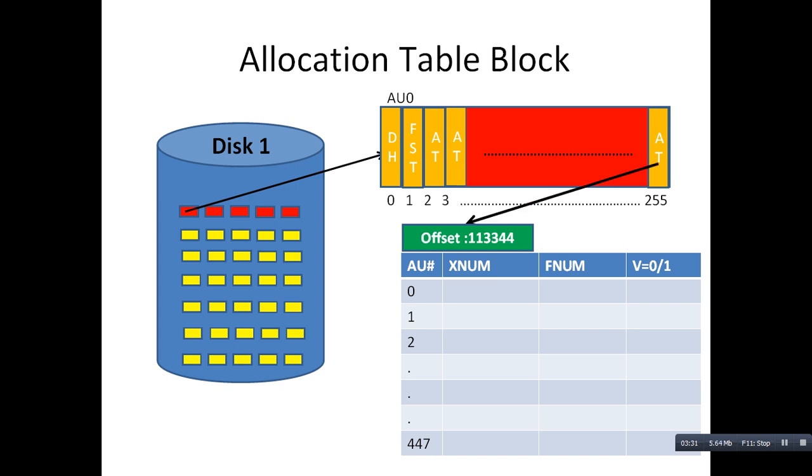Similarly, if you look at block 255 of the allocation table, the offset value is given as 113344, which is the first allocation unit addressed by this allocation table block.